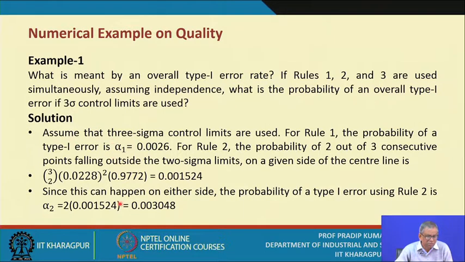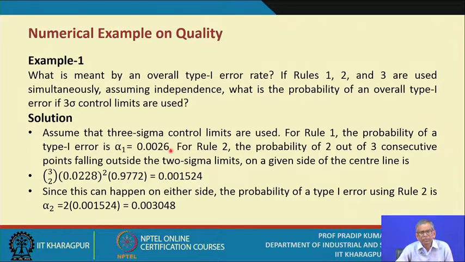Now this I'll just explain. Assume that the 3 sigma control limits are used. For rule 1, the probability of a type 1 error is alpha 1, that is 0.0026. That means what is rule 1? Rule 1 is the probability that a particular sample point will plot outside of the control limits.